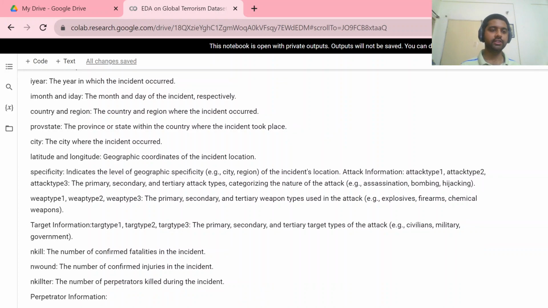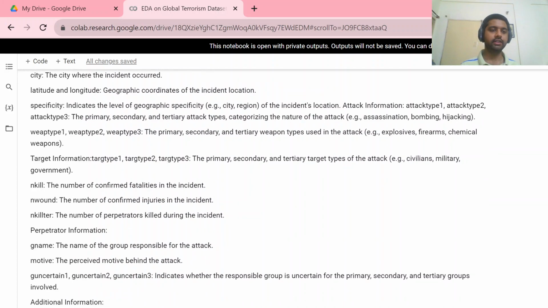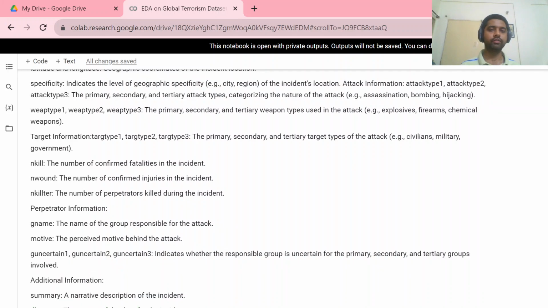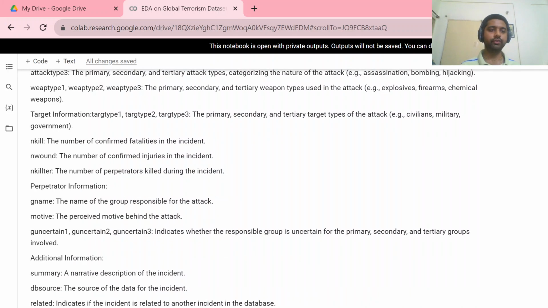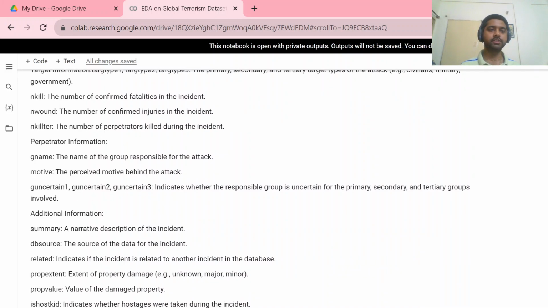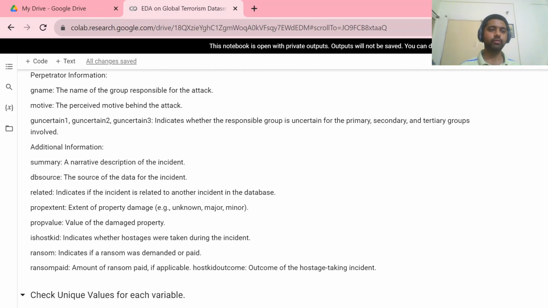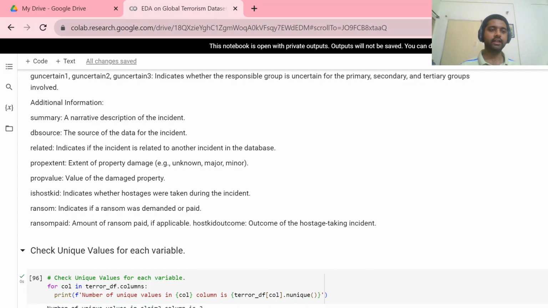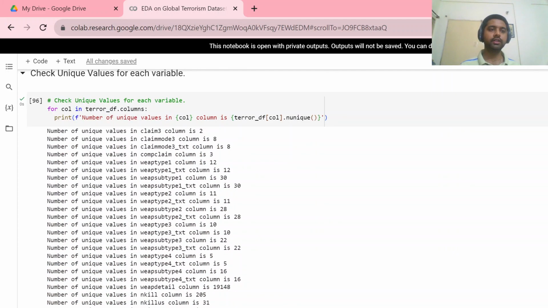Event ID is unique for every row, and kill is the number of people killed, wound is the number of people wounded, and killer is the number of perpetrators killed. G name is the group name, motive is the motive of the attack, and so on.